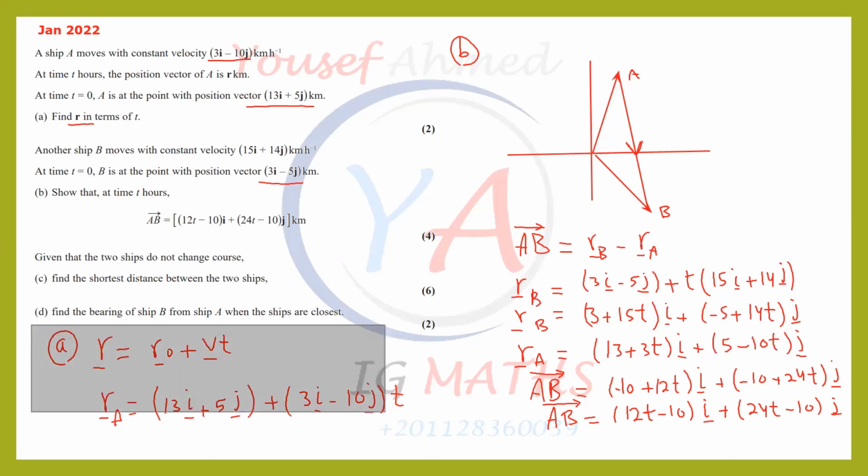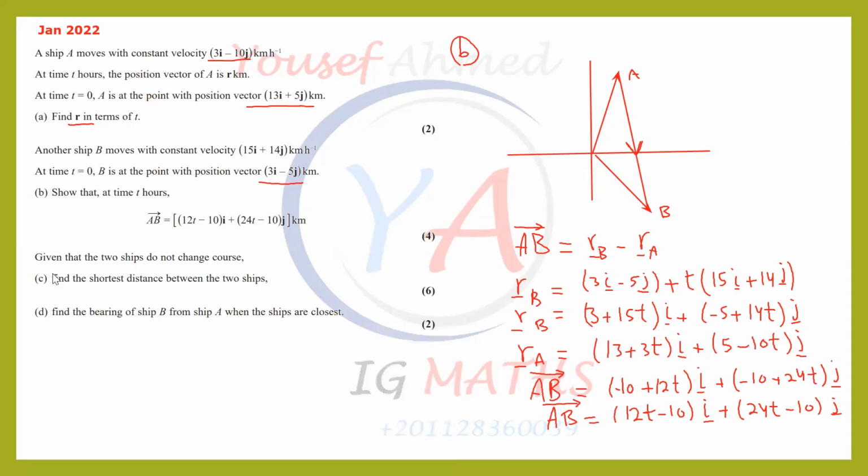Then it's given in part C, it says, given that the two ships do not change course, so it means they did not change their directions, find the shortest distance between the two ships. So whenever you are required to find shortest distance, or when the two ships are closest together, or very close to each other, all of these words are keywords for using the completing the square formula or differentiating the distance, as in the question we have done before in this video.